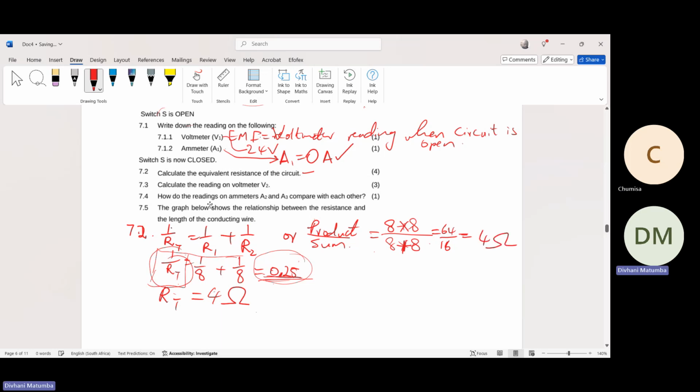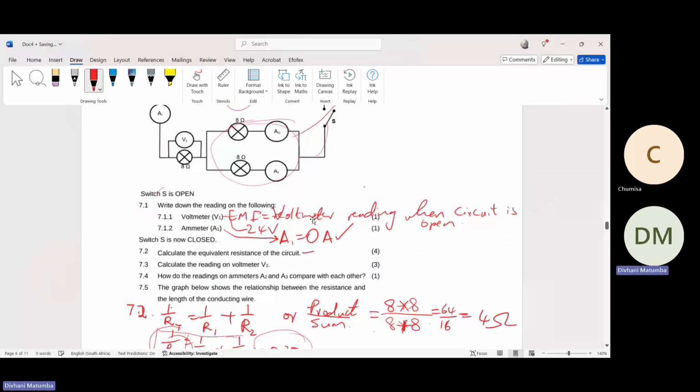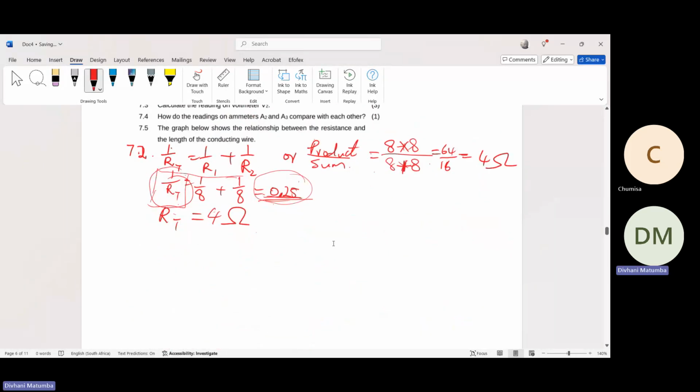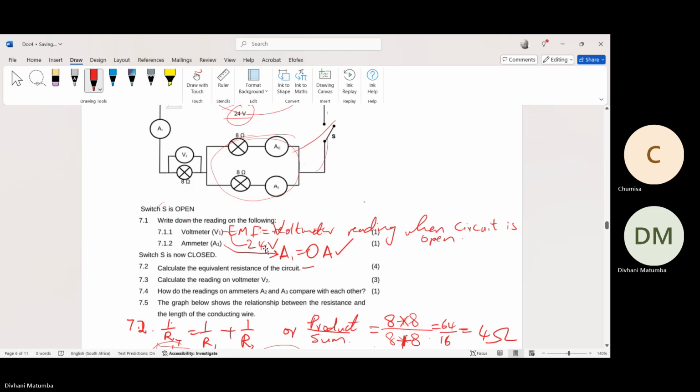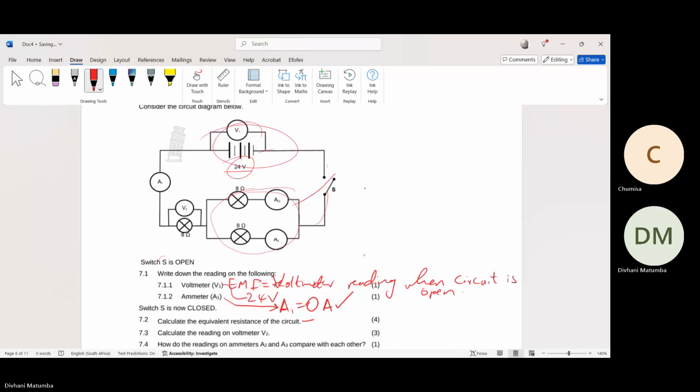Now, that is the resistance of the parallel connection. So what do we do after calculating the parallel resistance, or the effective resistance, from our steps? We have to reconstruct our circuit.